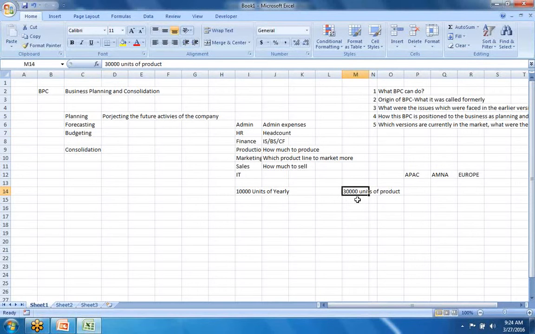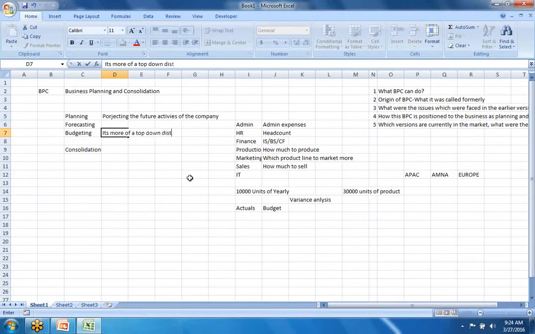A budget will be fixed for each and every department. If at the end of the year or month the actuals are more than the budget, then variance analysis needs to be done by each department head, explaining the cause of the variance. So budgeting is more of a top-down distribution of the funds.